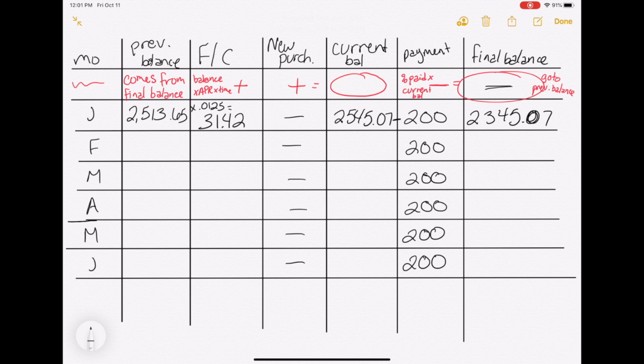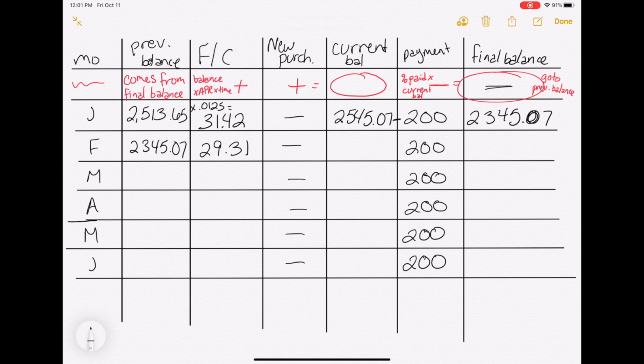Okay, so we're going to then pull this number, 2345.07. Find our new finance charge, so multiply that number out, 2345.07 times 0.0125. Our new finance charge is $29.31. So it's good that it's going down.